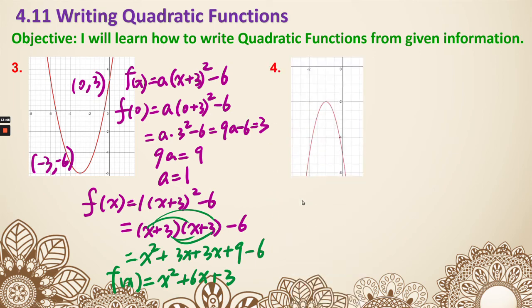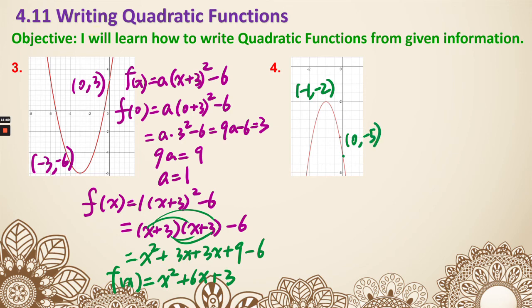Next, number 4. Again, I don't even see any x-intercepts, but I can clearly see the vertex and the y-intercept. So I'm going to use the vertex form again. My vertex looks like (negative 1, negative 2). I can see a y-intercept, which is right there. That is (0, negative 5). So I'm going to use these two points.